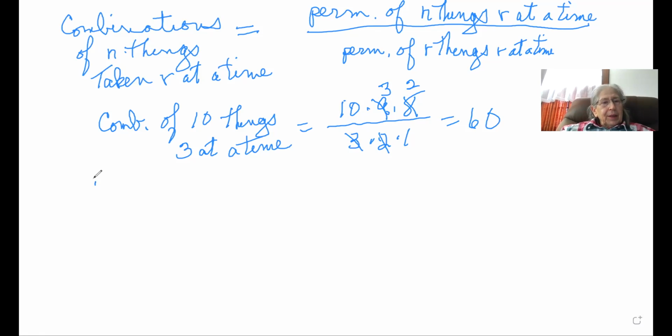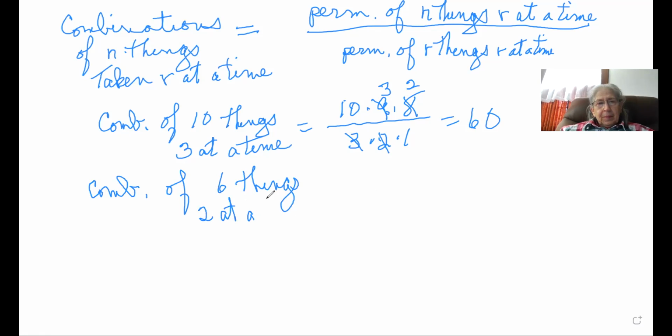How about the combination of 6 things taken 2 at a time? Well, we've got the permutation of 6 things taken 2 at a time.